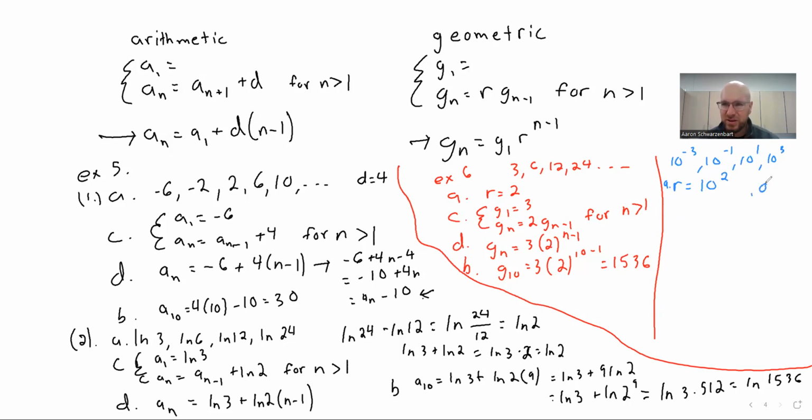So I could think of it as 10 to the negative 1 is 0.1, 10. So I've moved the decimal 2 places, that's multiplying by 100. My recursive formula starts with my first term, 10 to the negative third. Take my ratio, 10 squared or 100, times the previous term.